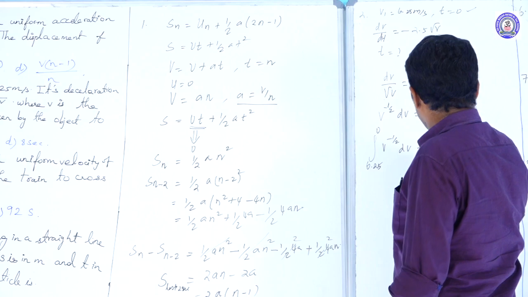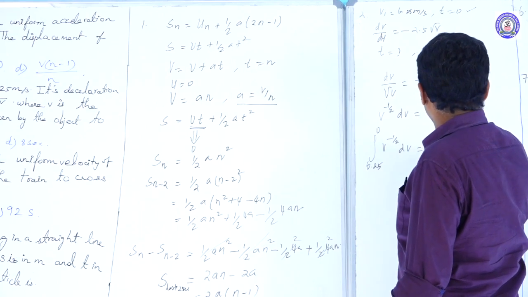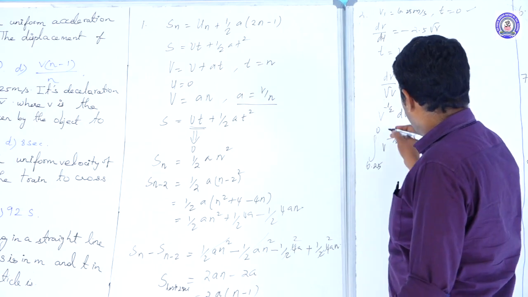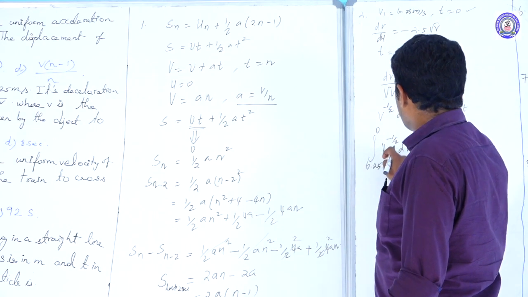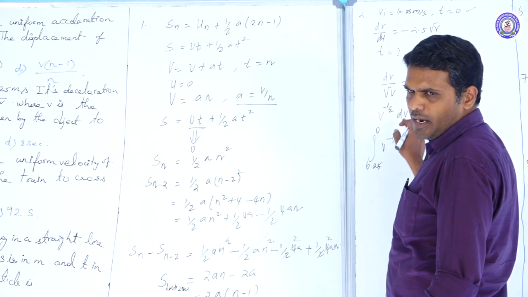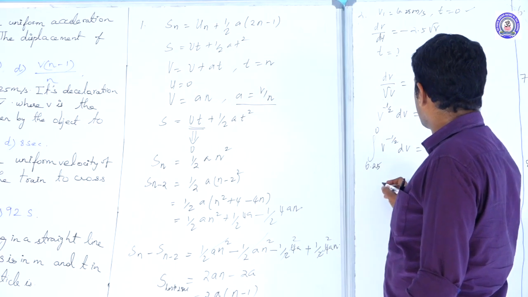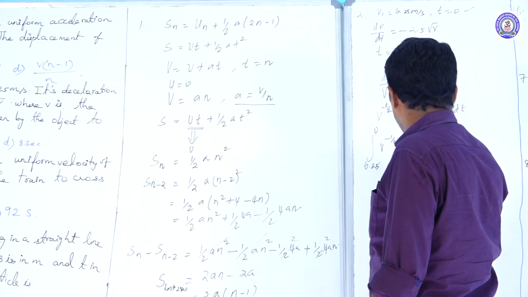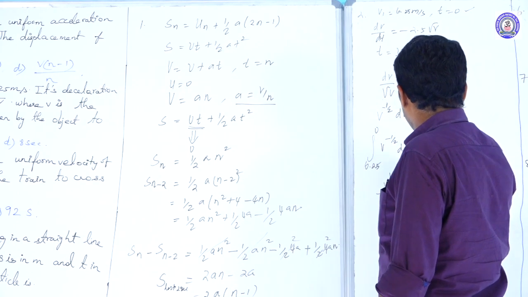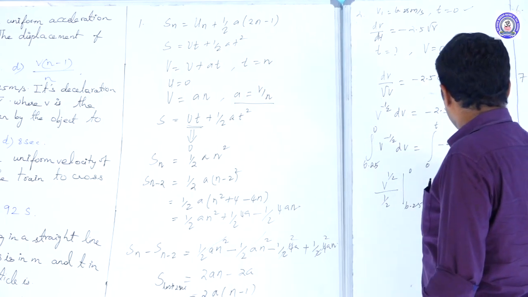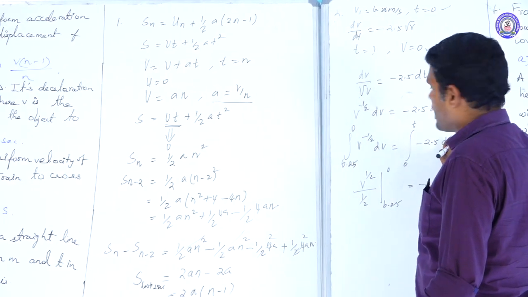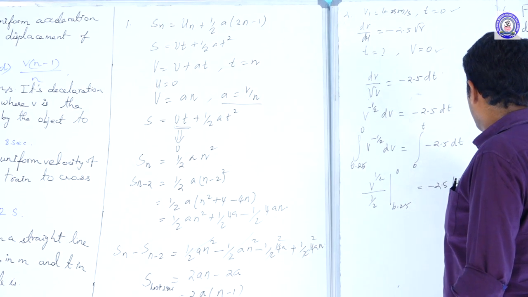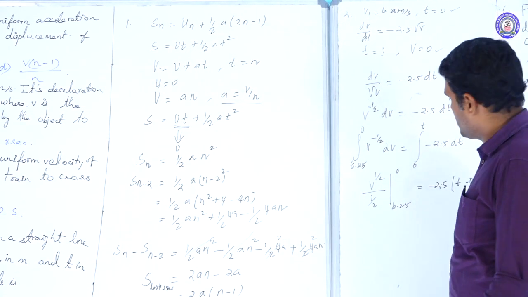Then it happens during the time interval 0 to t, minus 2.5 dt. On integration, this is x power n dx, x power n plus 1 divided by n plus 1, so we will get v power half divided by half between the limits 6.25 to 0. This is equal to minus 2.5. Integral of dt is t. On applying the limits, upper limit minus lower limit, it is t minus 0.